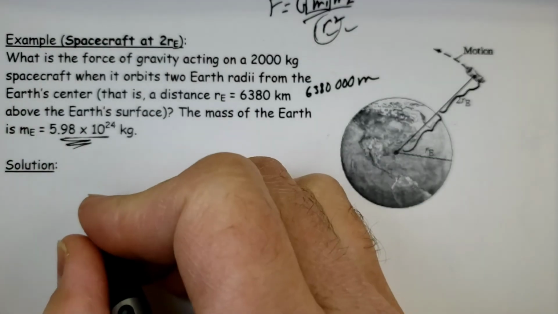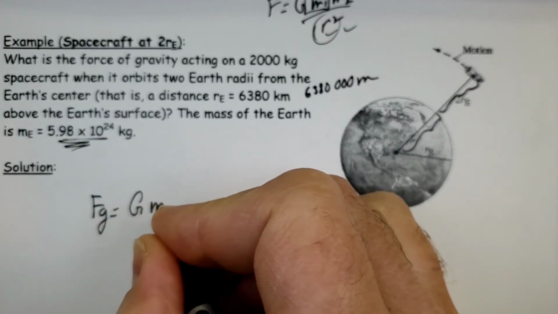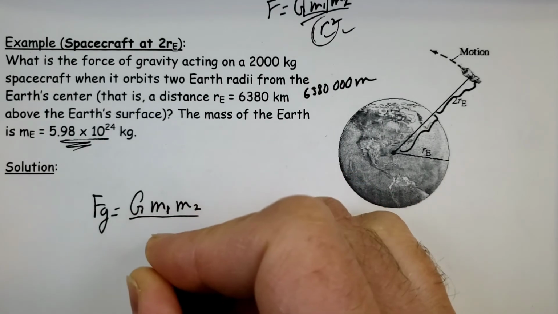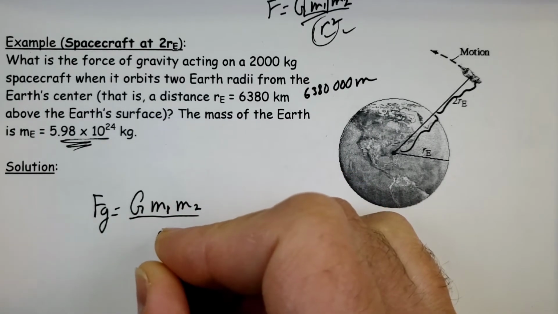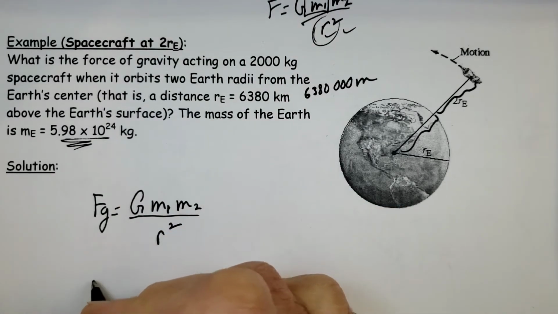So if I plug that all in, Fg equals G M1 M2 over r squared, where one of these is the Earth, one of these is the satellite or whatever it is.